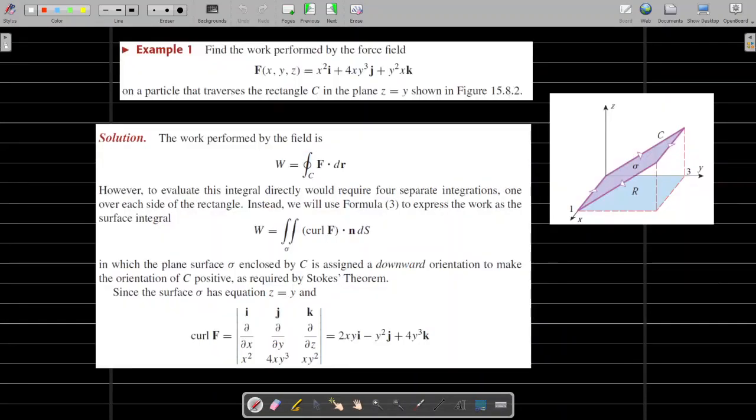Now I'll illustrate all of these topics using this example here.